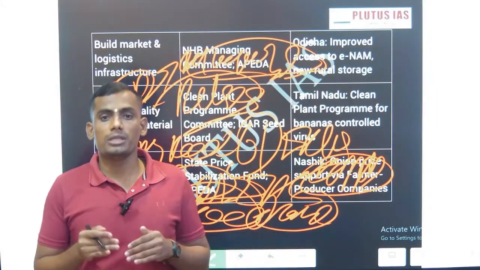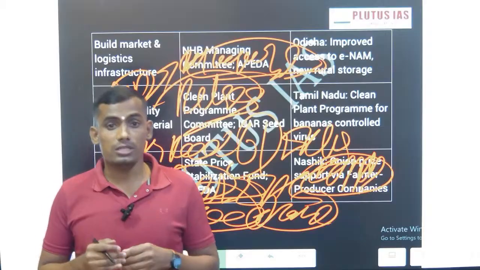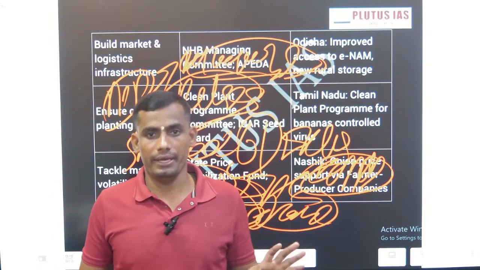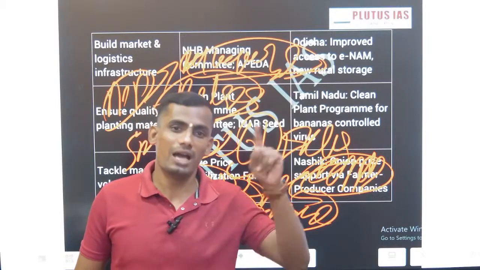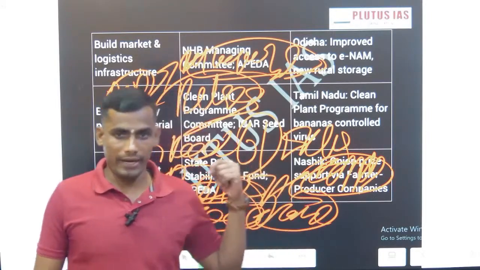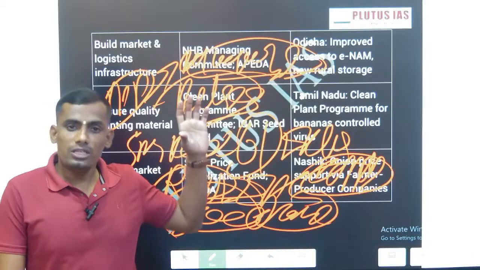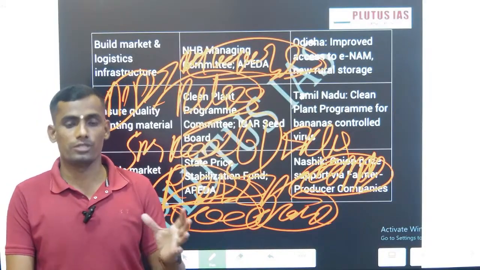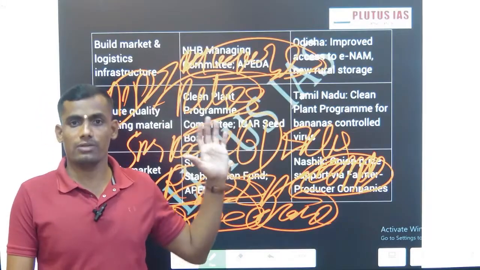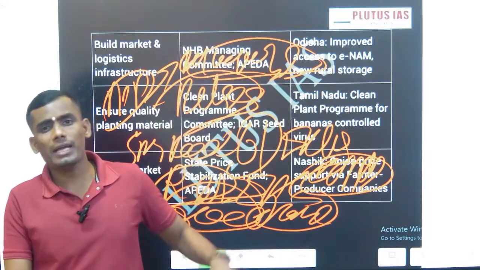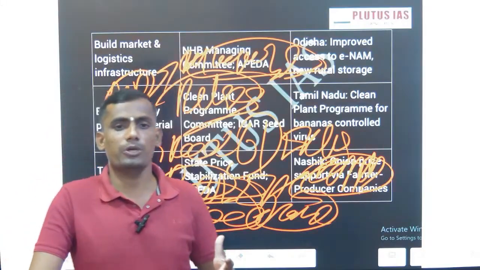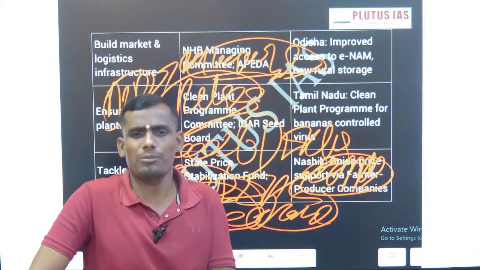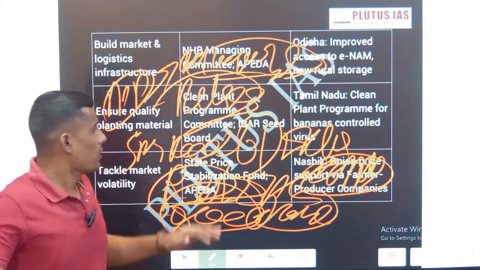One more thing: Madhya Pradesh is the state with the highest forest cover by area, not by percentage, which is Arunachal Pradesh. But by area Madhya Pradesh is highest, and this automatically provides a good climate for horticulture production, vegetables and fruits. So horticulture in the vegetable capital Madhya Pradesh can be boosted by linking road connectivity to uninhabited areas through the Pradhan Mantri Gram Sadak Yojana also. Okay, so this is the government.